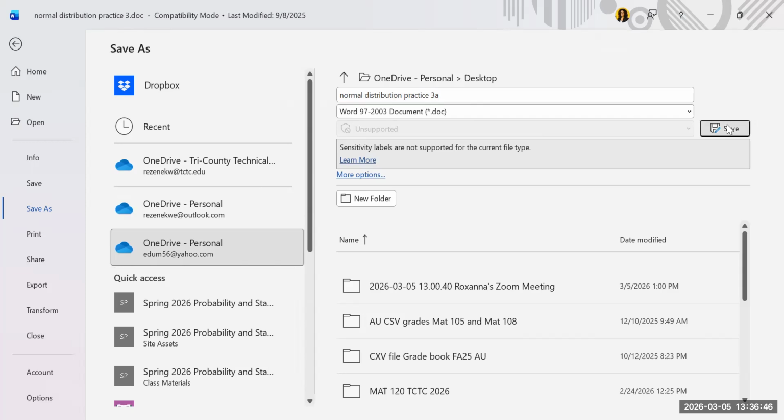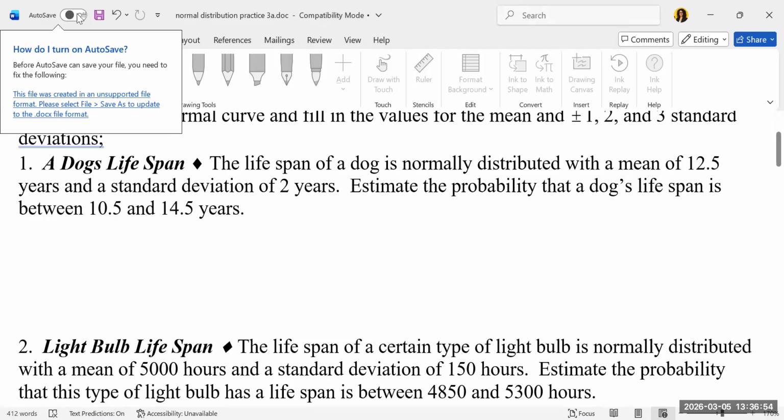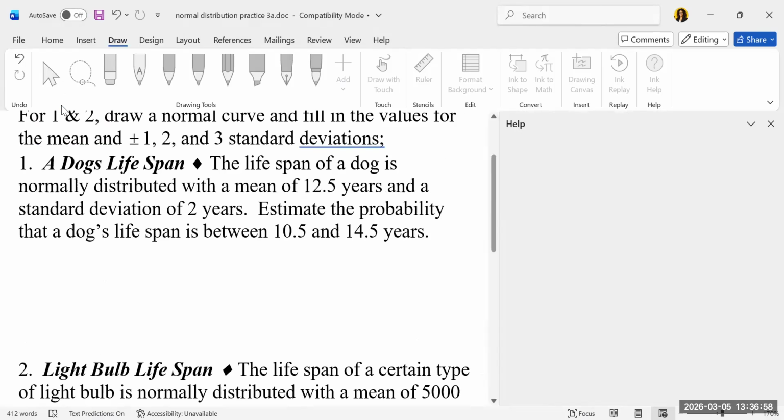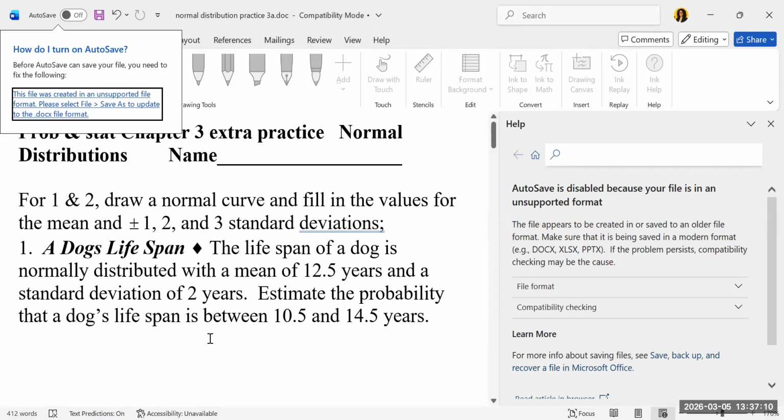Save it. Does it help? No, it's not going to. If it's going to help, that's fine, but it's not helping. All right, I'll take this away since you are not.